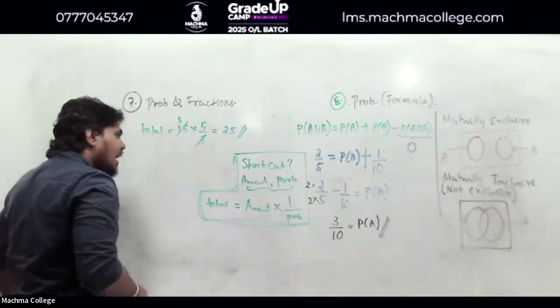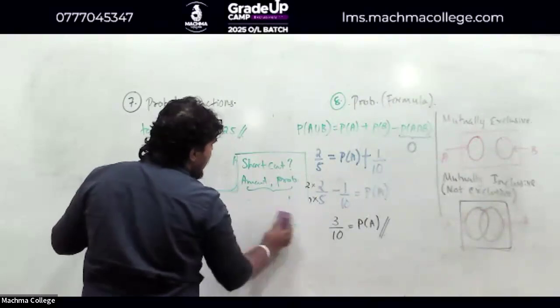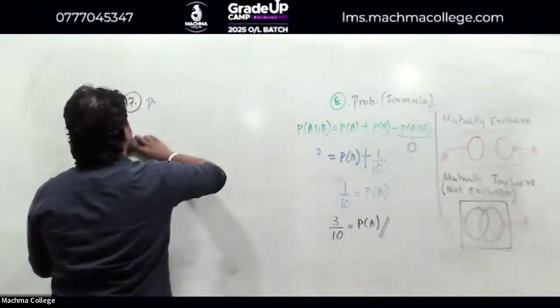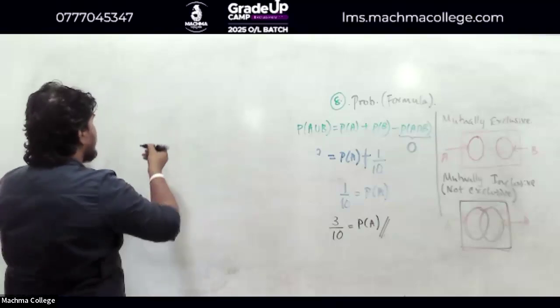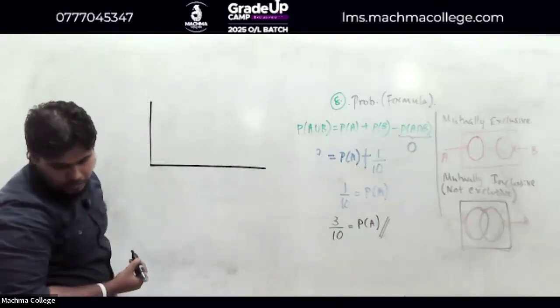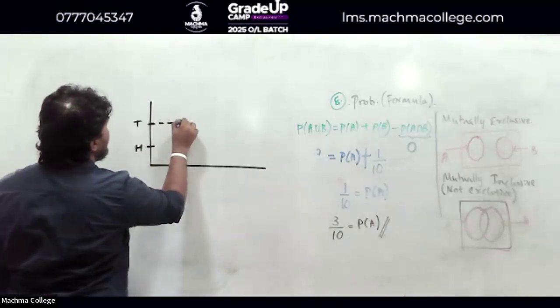It has 6 sides, but the six sides are not marked as 1, 2, 3, 4, 5, 6. It is marked as 1, 1, 2, 2, 3, 3. So now they have given the grid like this. The head is marked here, tail is marked here.